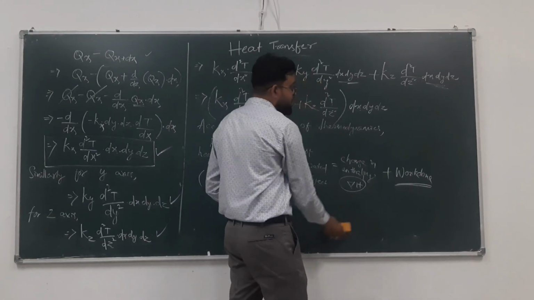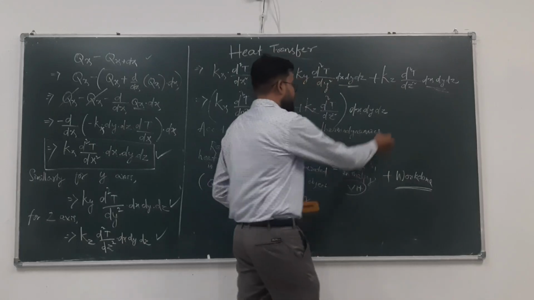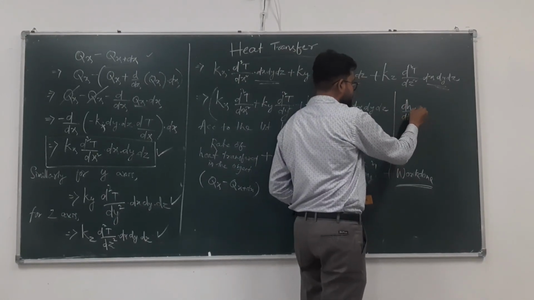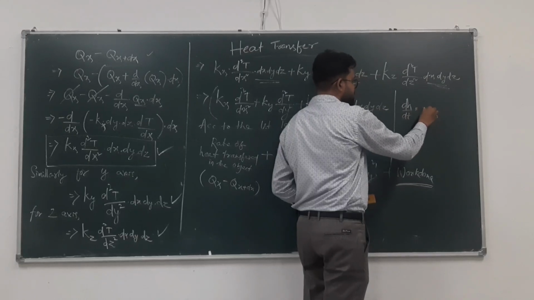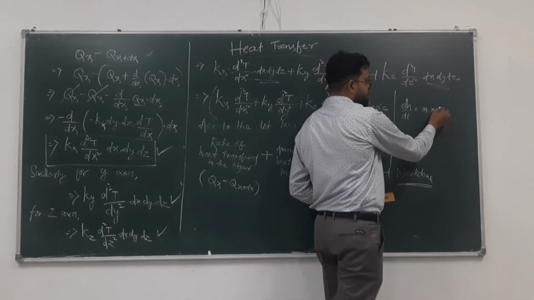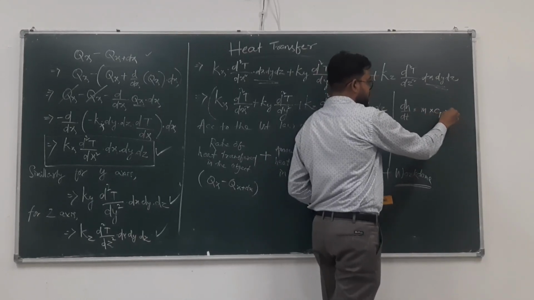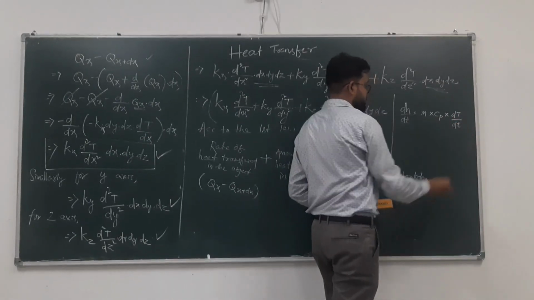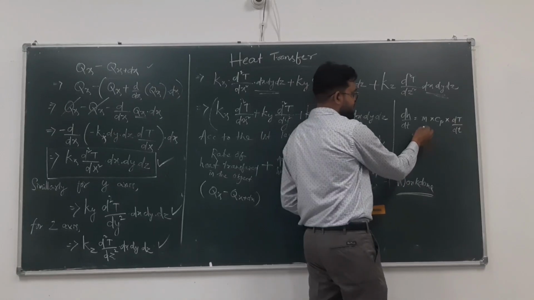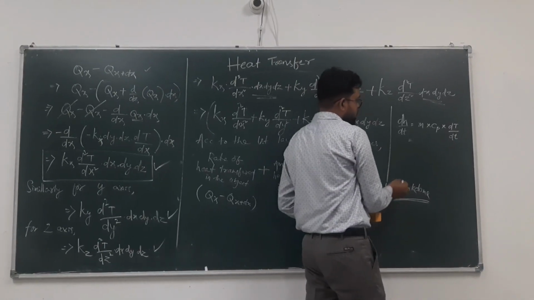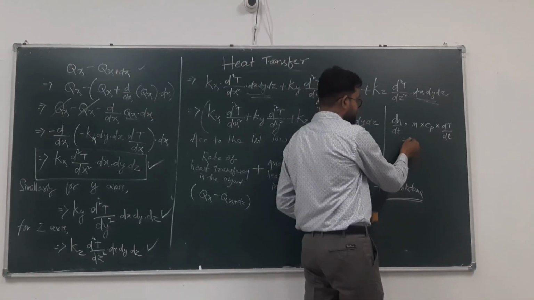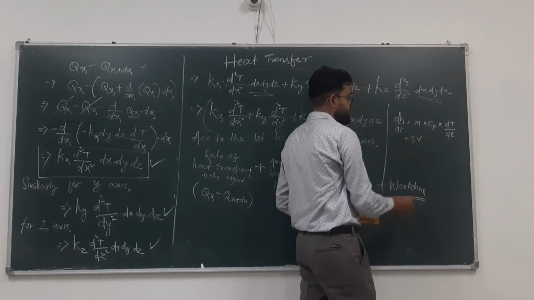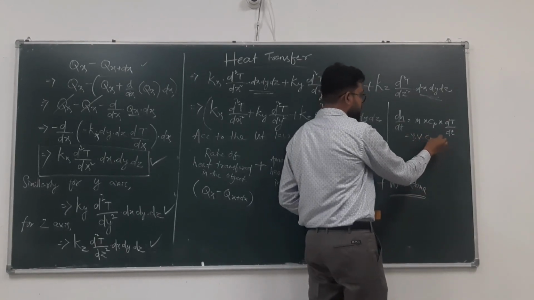Again, what is dh by dt? Change in enthalpy is equal to the mass into specific heat. The formula for mass is rho into volume.